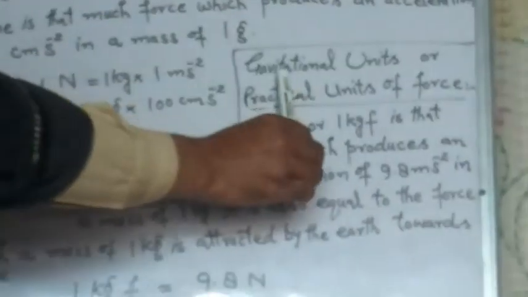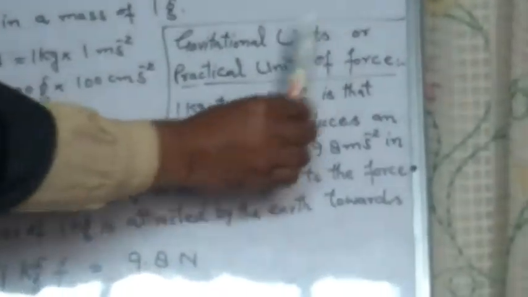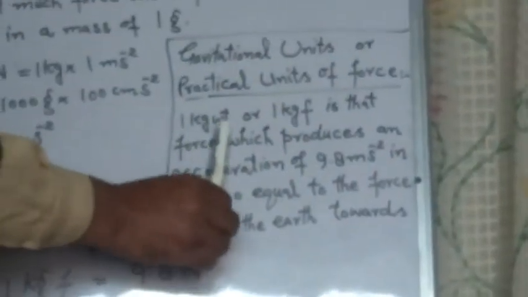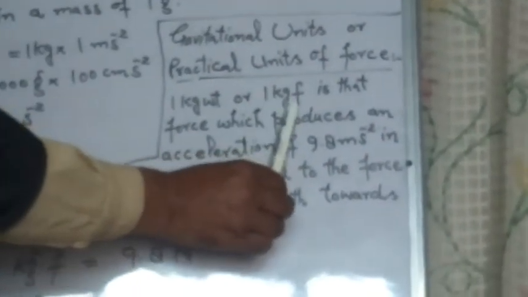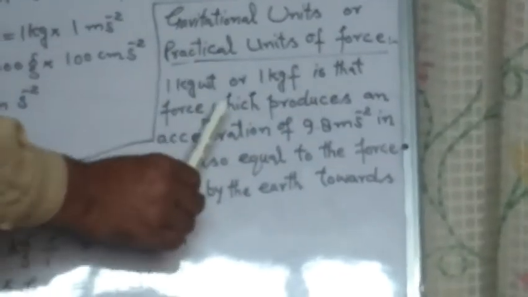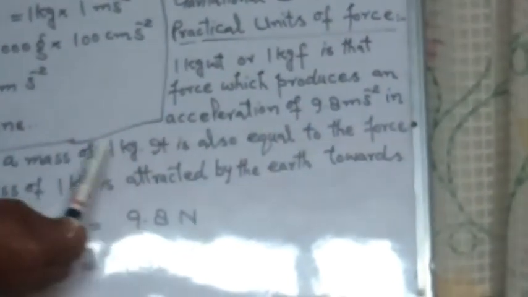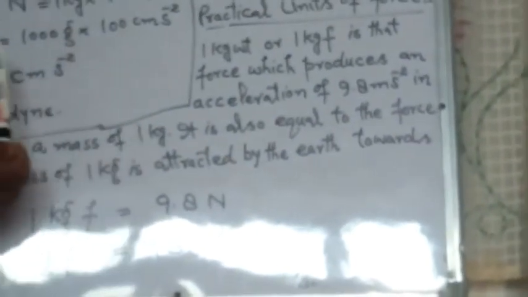Gravitational units are practical units of force. What are practical units of force, or we call them gravitational units of force? 1 kilogram weight or 1 kilogram force is that force which produces an acceleration of 9.8 meter per second square in a mass of 1 kilogram.